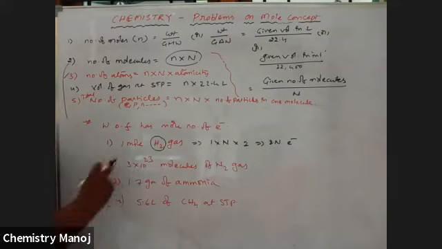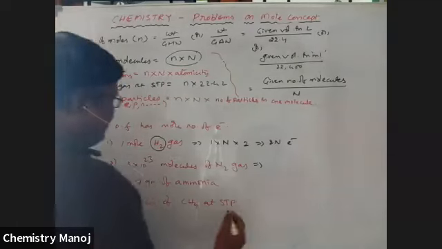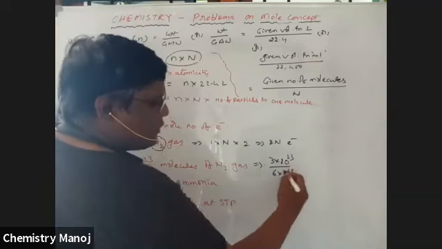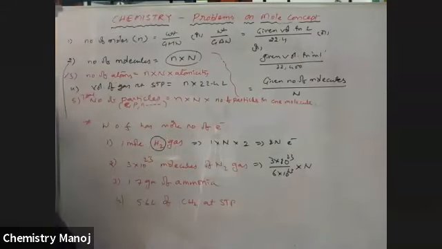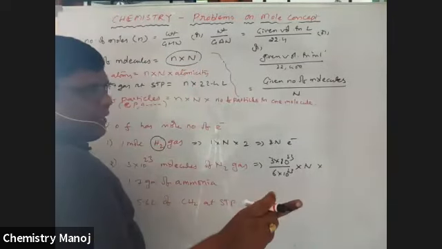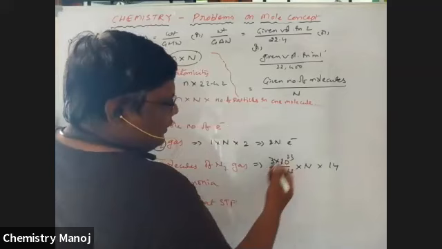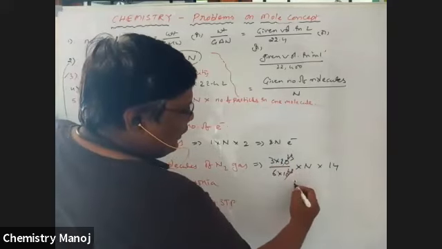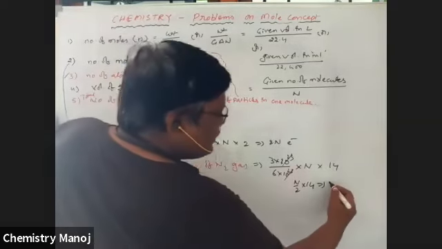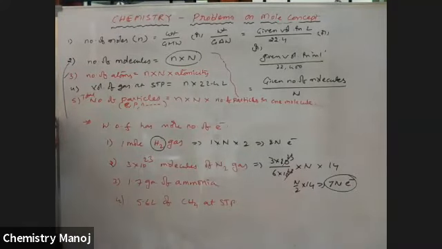For 3 into 10 power 23 molecules of N2 gas, first convert into moles: 3 into 10 power 23 by 6 into 10 power 23, into Avogadro number. N2: one nitrogen has 7 electrons, 2 nitrogens have 14 electrons, so it is N by 2 into 14, which is 7N electrons.